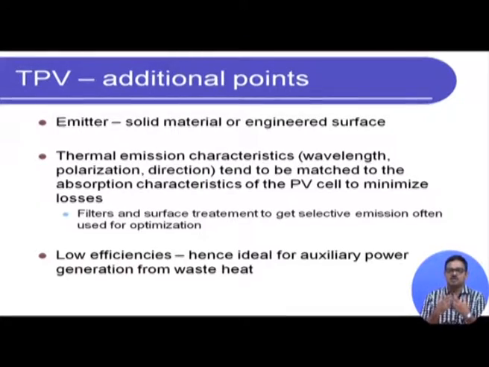Okay. So, in order to do that, of course, engineered surface treatment, etc., is important, but people are also looking at using filters and surface treatment to get selective emission characteristics, etc. So, these are all being done today to increase the efficiency and minimize losses, so that most of the emission that happens from the emitter surface is absorbed at the photovoltaic cell.